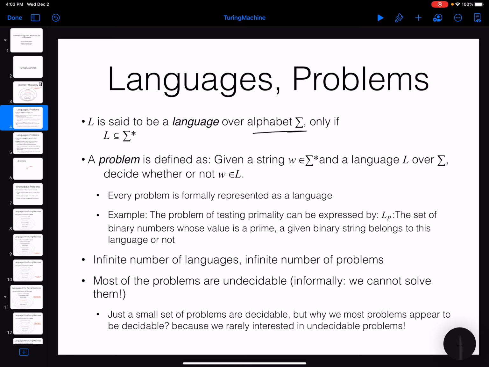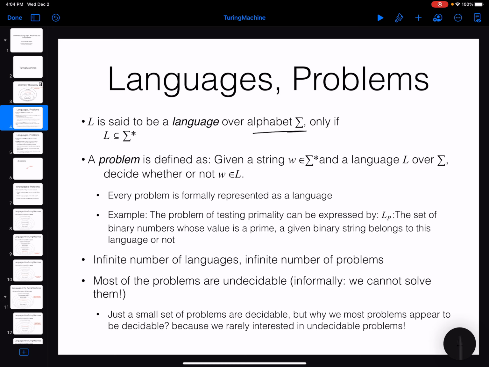So any subset of possible strings over an alphabet is going to be a language, and basically every language represents a problem. Some of those problems are interesting for us, some of them are not. So the formal definition of a problem is actually a language.